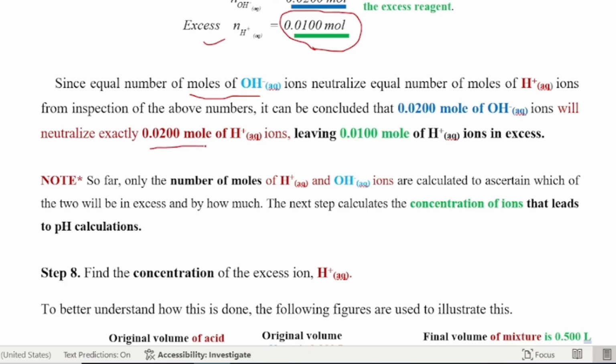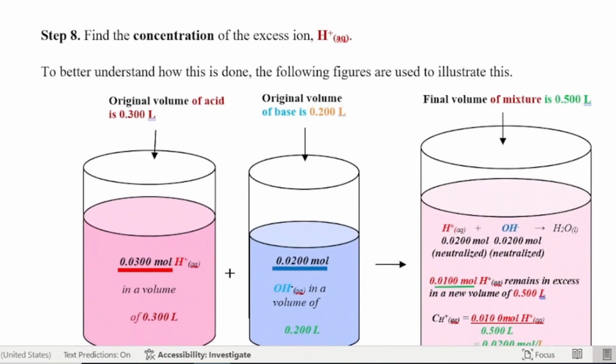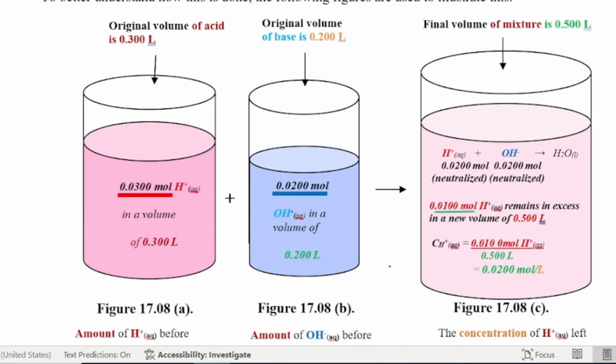Now we need to find the concentration of the hydrogen ions that are left in that new volume of solution. We want you to take note of this: initially we had that number of moles of hydrogen ions in that volume, and now we're adding that number of moles of OH with this volume.